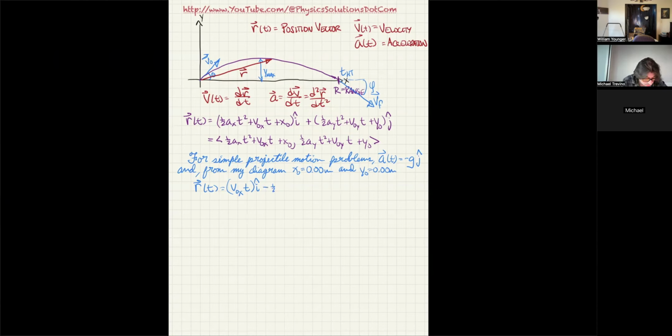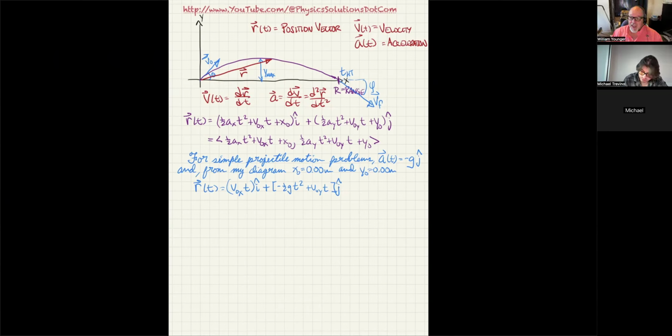I don't want to write that minus out in front. That could cause some problems. I'm going to use parentheses. Maybe I'll even use square brackets. So this is going to be negative 1/2 g t squared plus v0y t times j hat. So that's our position as a function of time for the diagram I have drawn.